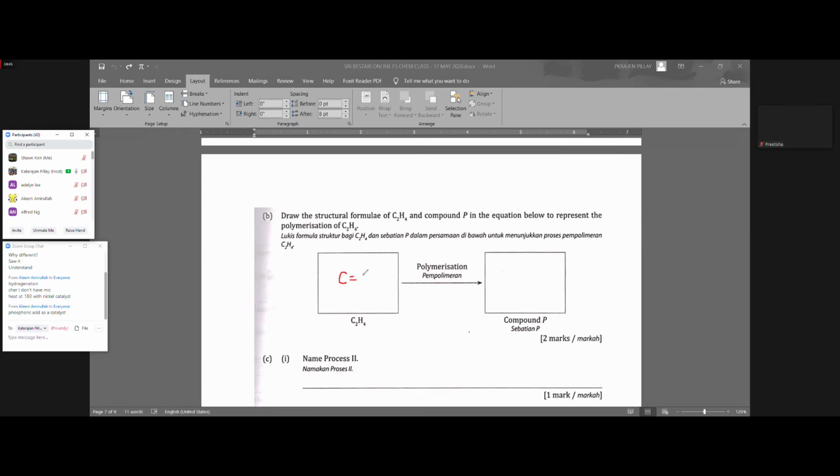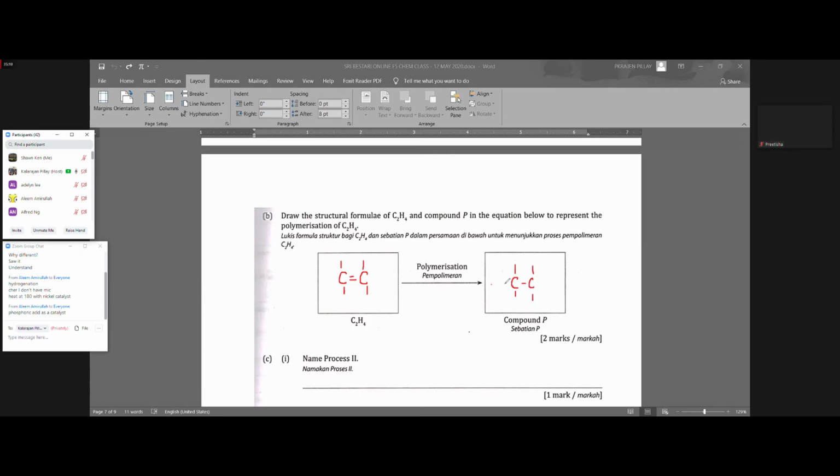No. I told you, for polymerization, you don't put the H on the side. The H will come on top. The right side and left side must be empty. Put your H here, put your H there. Don't forget that. Okay, polymerization, so polyethene, same thing. The only thing is the double bond is broken. Then the H, you put the H here.